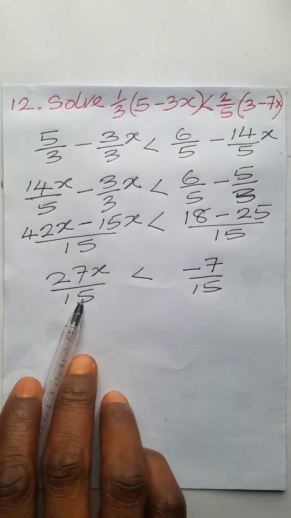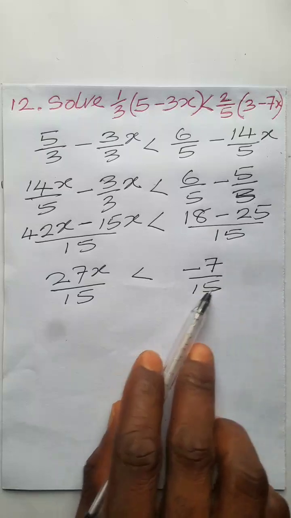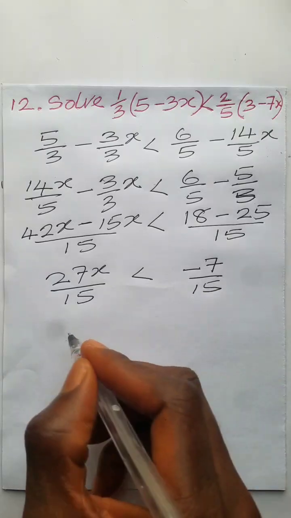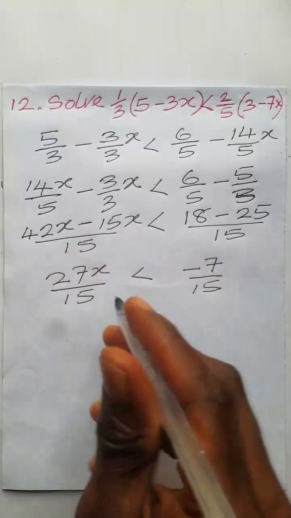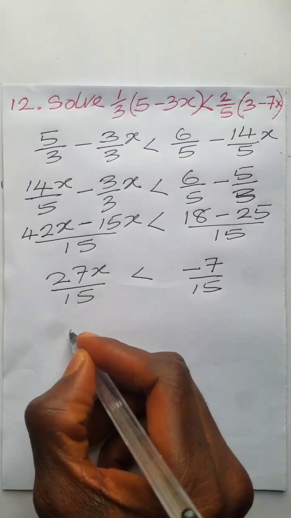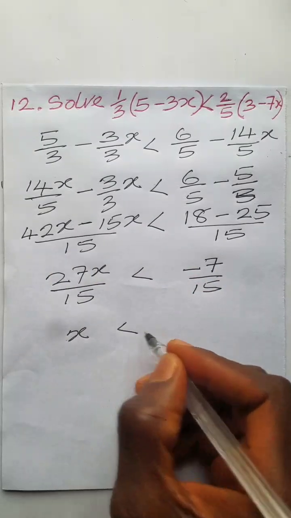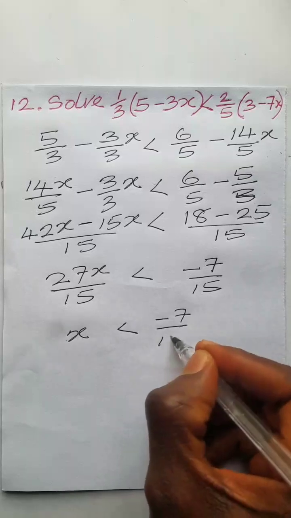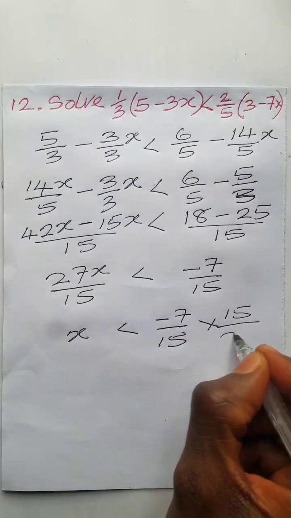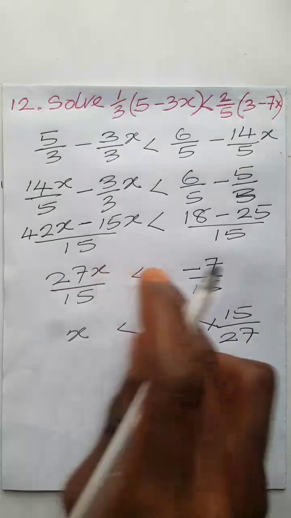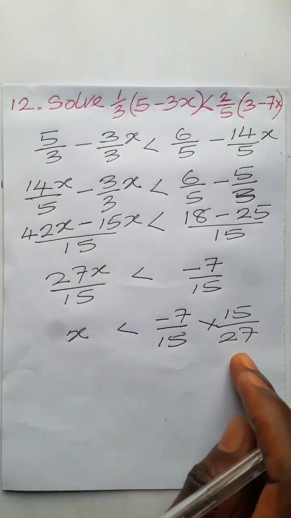Okay, sending 15 over here, I'm saying 15 is going to cancel, so I don't waste my time doing that. So I simply send 15 over here and 27 over here. So I'm left with x, right? So that's minus 7 over 15 times 15 over 27. You can just let them come over here and they become a reciprocal.